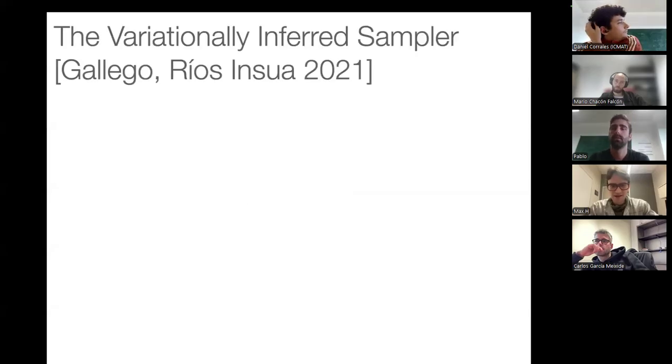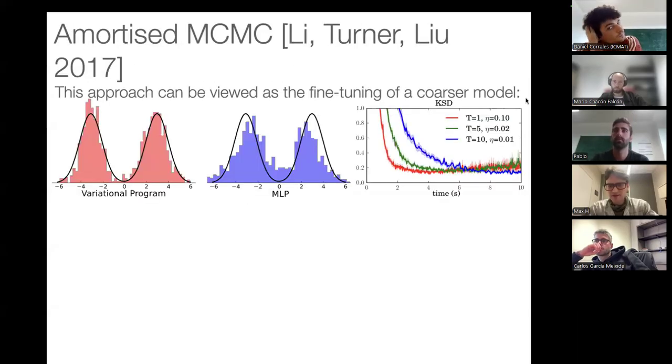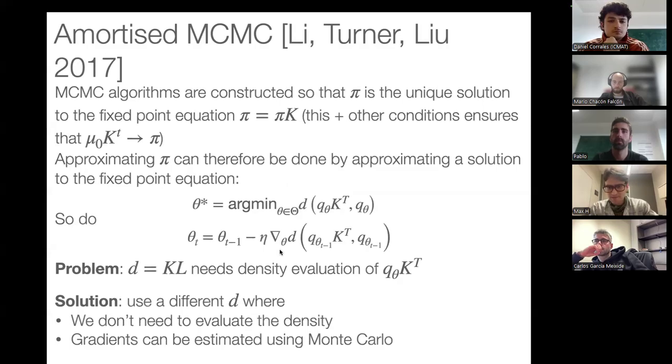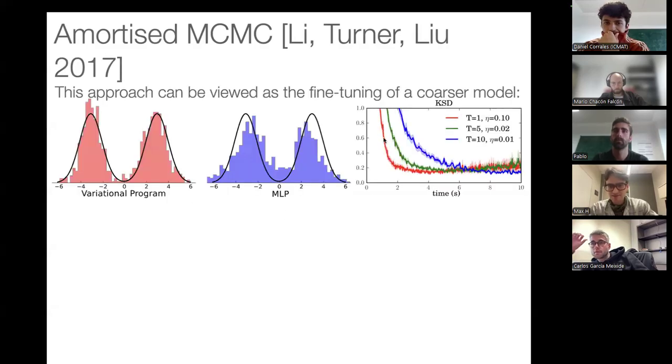So I don't think they used the kernelized Stein discrepancy as the discrepancy they optimize. They just use it to measure the distance between the variational approximation and the target here. But I don't think they ever optimize over the KSD. They have various other divergences that they optimize with respect to, but I didn't describe any of them.